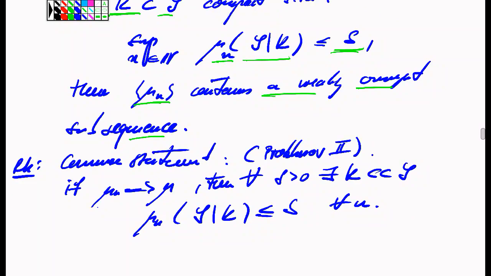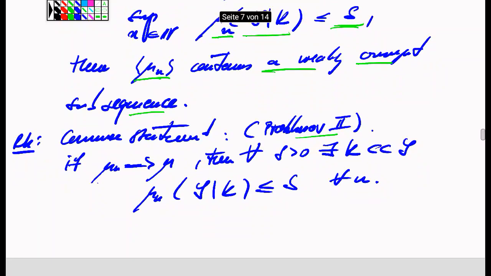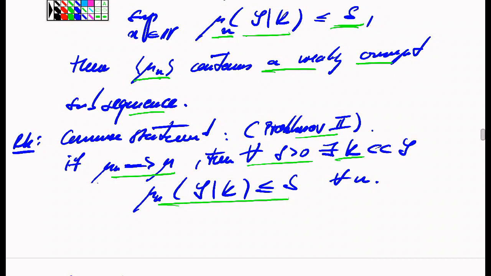The converse statement, by the way, is also true. It's called Prokhorov 2, if you like, a second direction, namely if we have convergence of a sequence of probability measures mu n to mu in the sense of weak convergence, then for all delta positive, we find a compact subset in S such that this sequence of probability measures gives basically no weight to the complement of this compact set uniformly up to error delta.